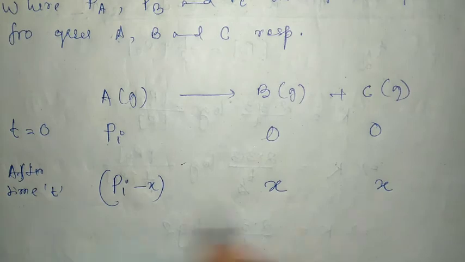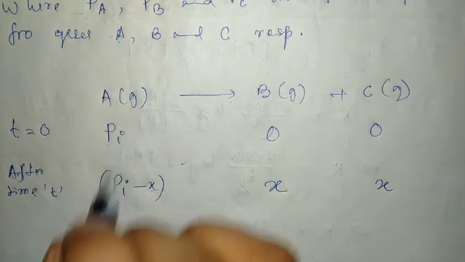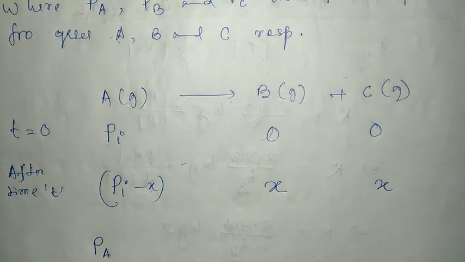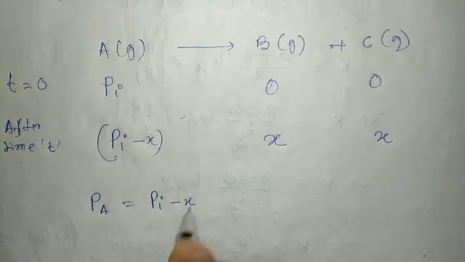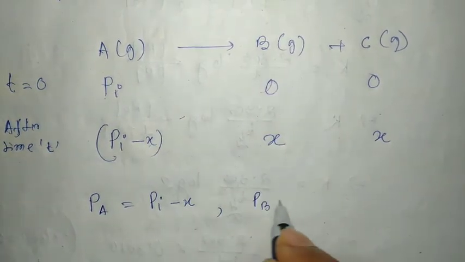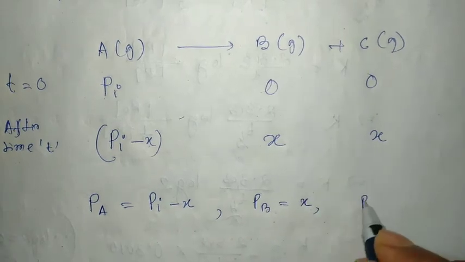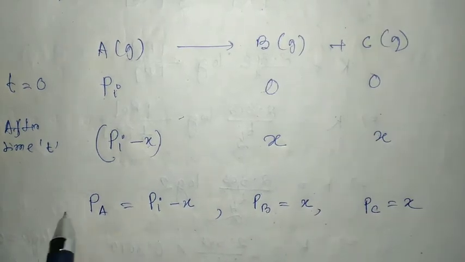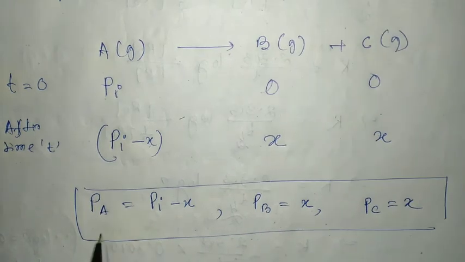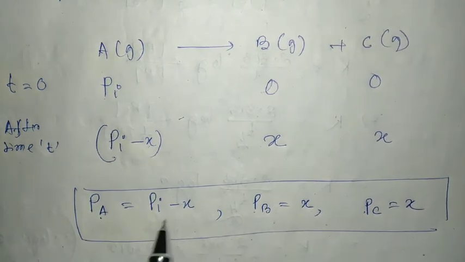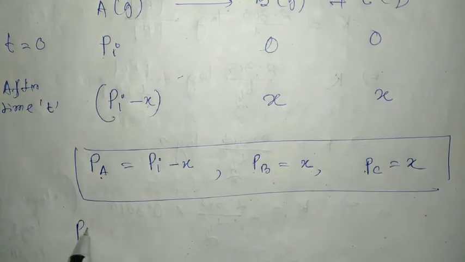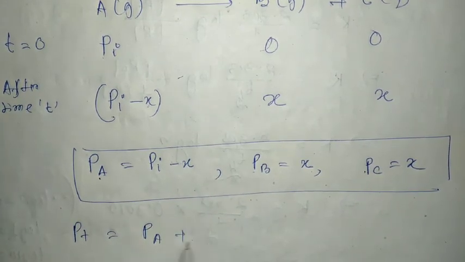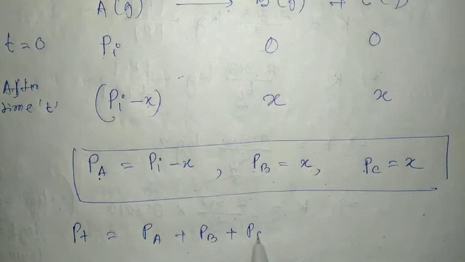So now after time T, the partial pressure for A is Pi minus X, for B it is X, and for C it is X. So these are the PA, PB and PC after time T. Then after time T, the total pressure P total equals PA plus PB plus PC.